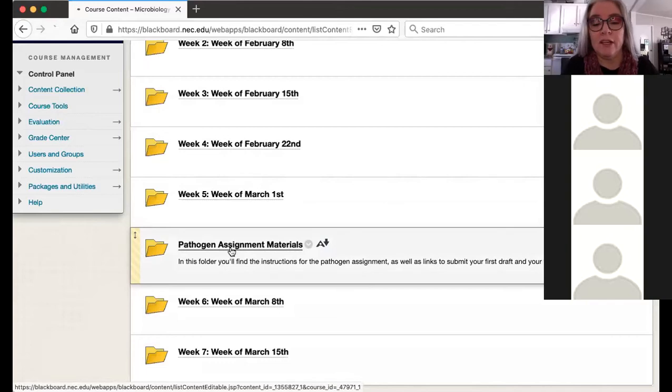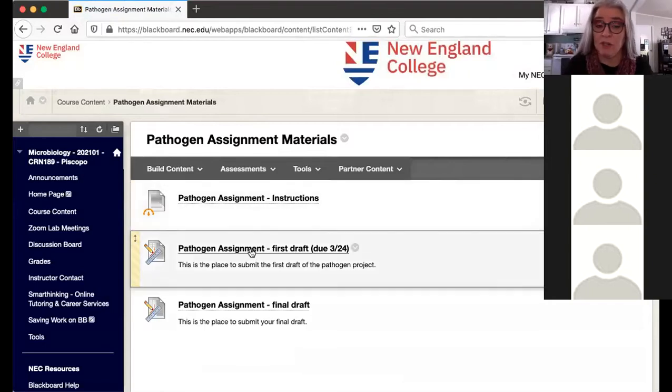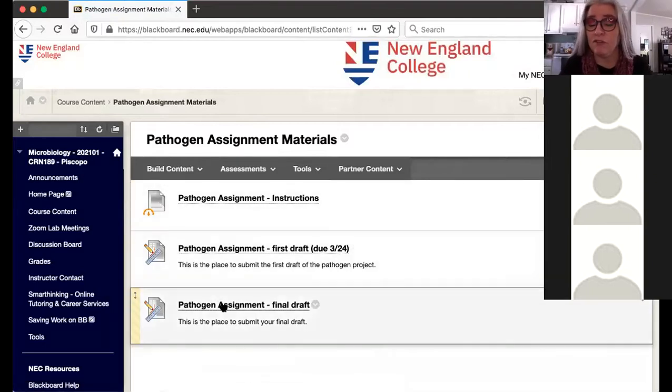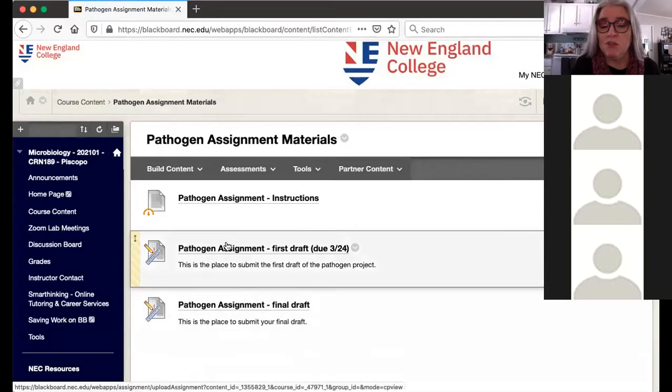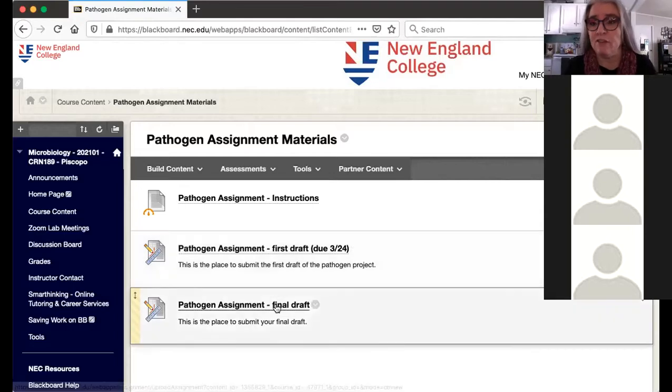If you click in here, you're going to find the instructions for this assignment, as well as the place where you're going to submit your first draft and your final draft. When you submit your first draft to me, I'm going to be going through it and making comments for you about where you can improve. And the assignment will be graded in 2 parts, the first draft and the final draft.